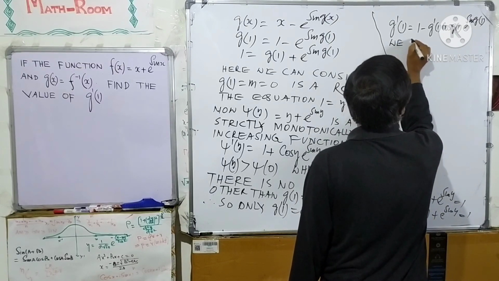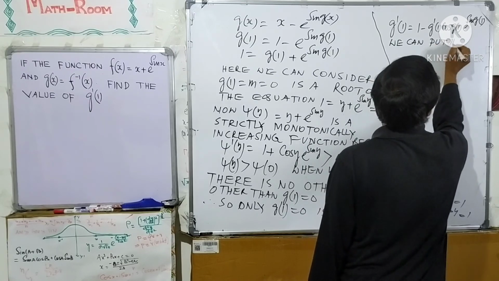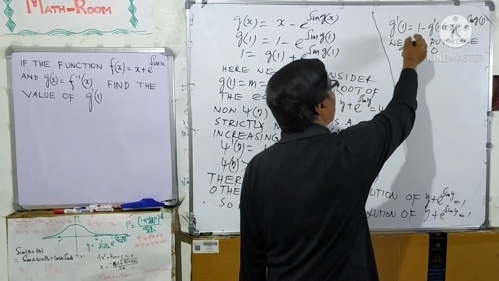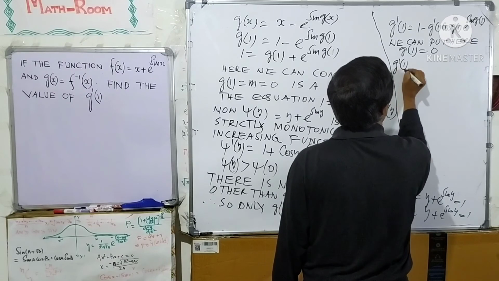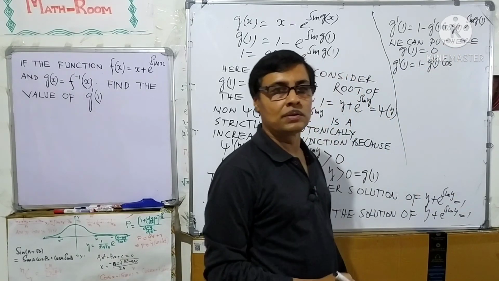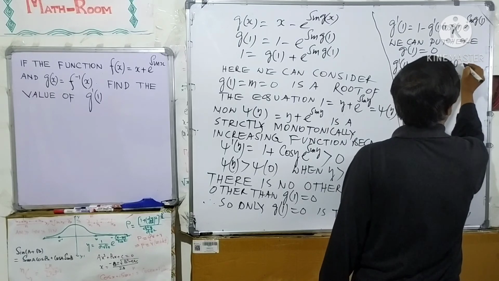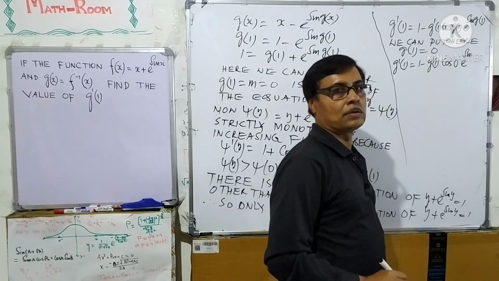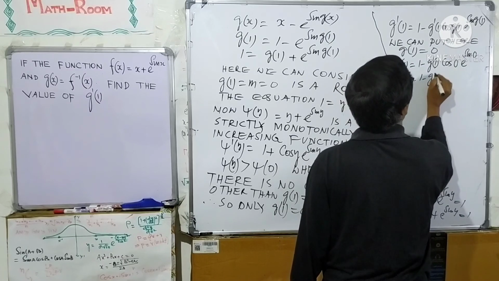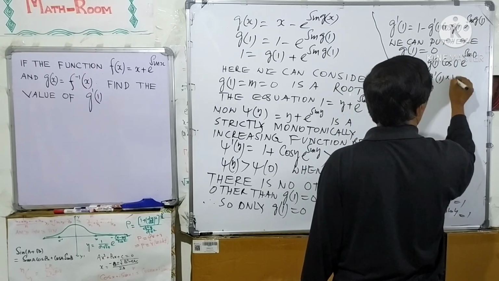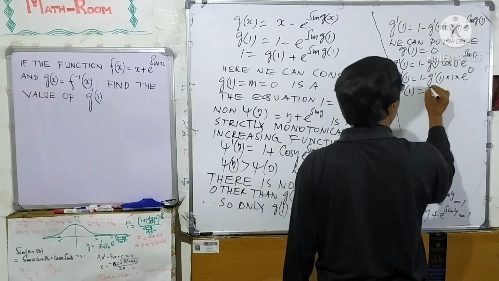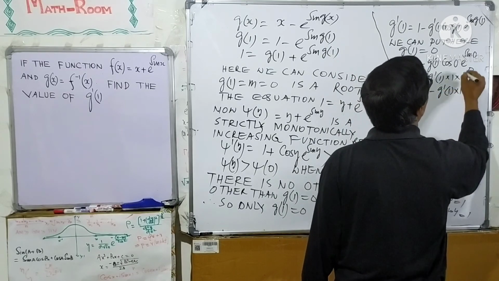Then g dot 1 equals 1 minus g dot 1 cos 0 e to the power sin 0, where cos 0 is 1 and e to the power 0 is 1.